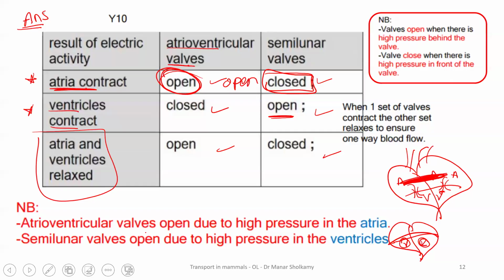Why? In case they ask you in another question, going back to my picture, this is the heart divided into 4 chambers. These are my ventricles. I have the aorta here and the pulmonary artery here. And this is the aortic valve, and this is the pulmonary valve. And I have the atrioventricular valve here. When the ventricles contract, this means that I have high pressure in the ventricles.